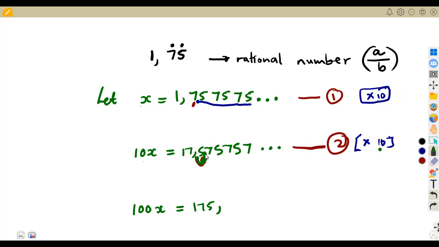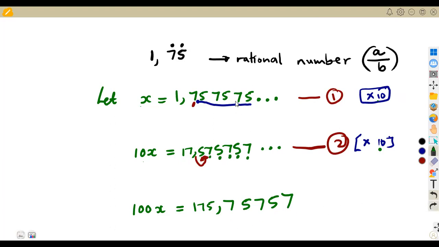If the comma is at this point, you are going to be left with the numbers after the comma, which are 7, followed by 5, followed by 7, followed by 5, followed by 7, which is 5 digits after the comma.